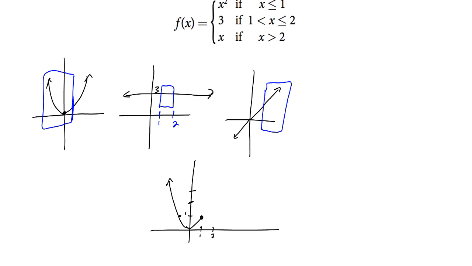So there's 3. Between 1 and 2, we'll have that function. Now it's going to be an open circle there at 3 and a closed point at 2. And then the function x, if x is greater than 2. Now that is the identity function. So at 2, that function is 2. And at 3, it's 3, and it continues in that fashion. So that function looks something like that.